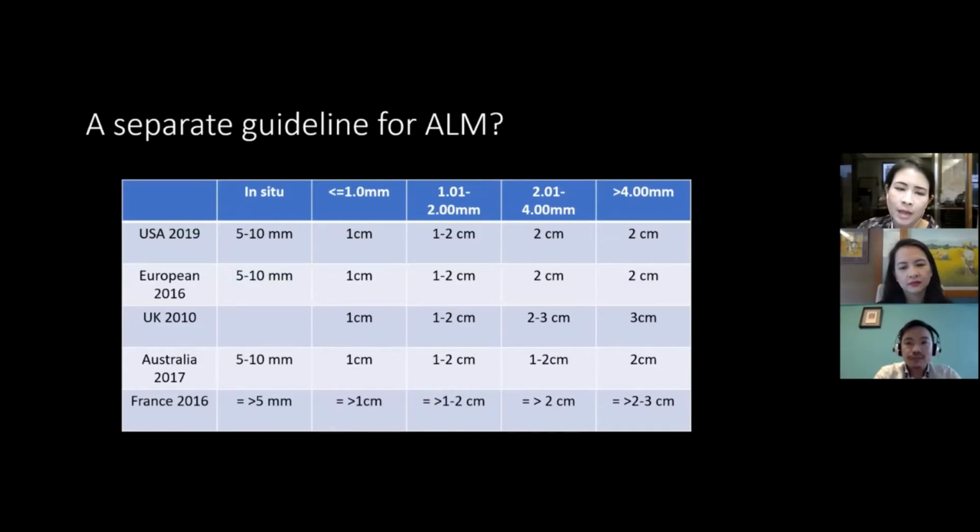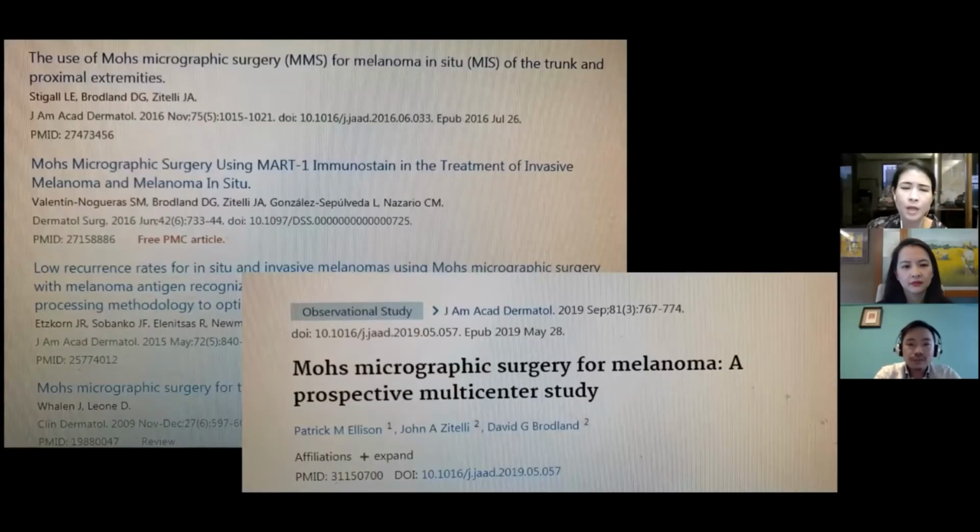But if you look at the UK or France guidelines for thickness above 4 millimeters, we use maybe about 2 centimeters margin. Like what David said, there are currently some prospective studies.